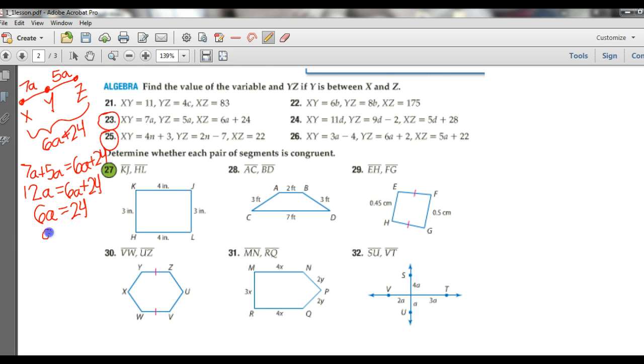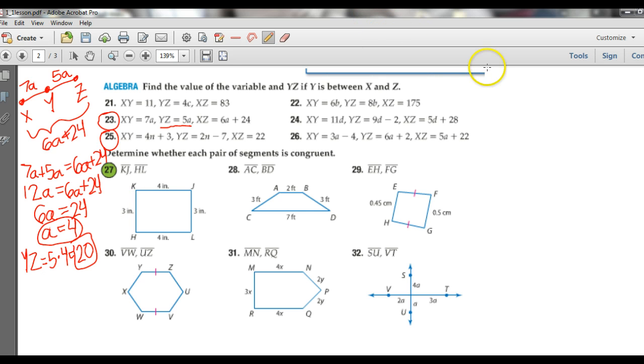And divide by 6. So we get a is equal to 4. Careful with your directions. You're also asked to find yz. So yz is 5a, so substitute in 4 for a. And we get 20.